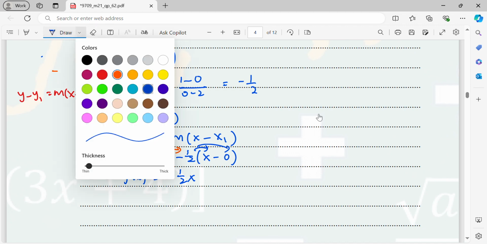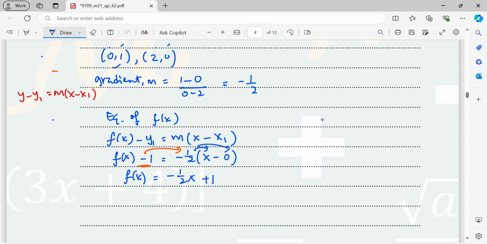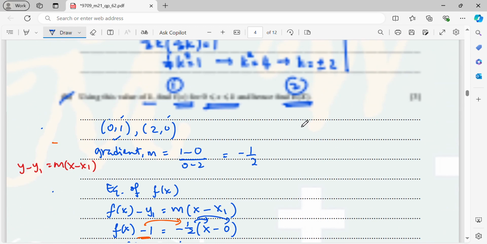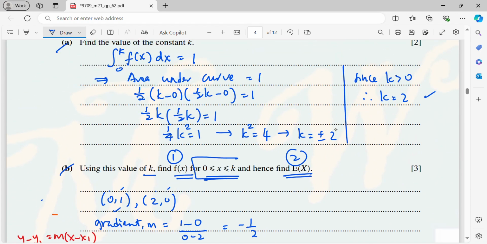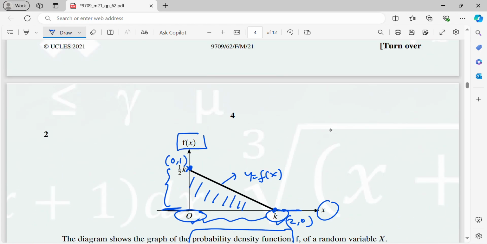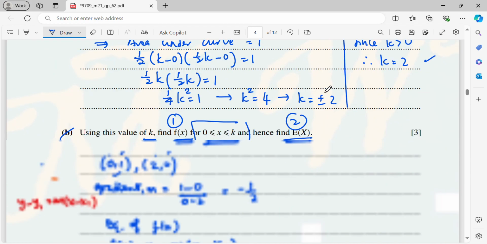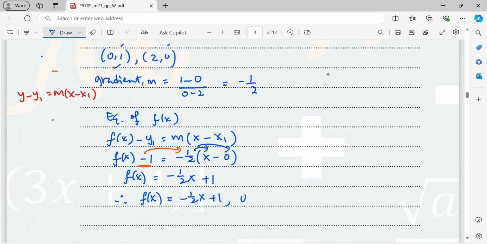Therefore you will be getting plus 1, because half times 0 is 0. So my function is negative half x plus 1 when x is defined from 0 to k, because the straight line is defined from x equals 0 until k. Just add on the limits.